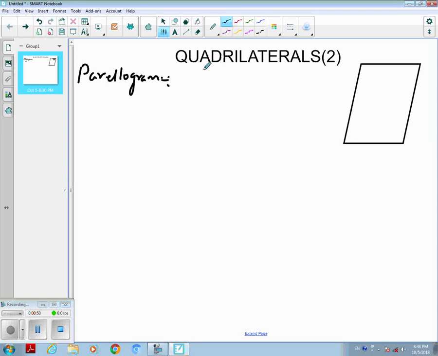Any quadrilateral with its opposite sides parallel and equal is called a parallelogram.